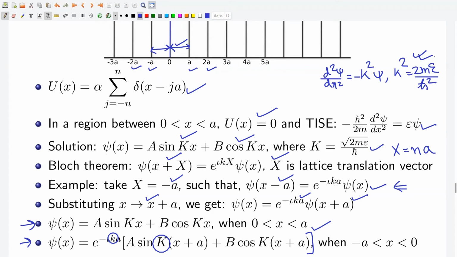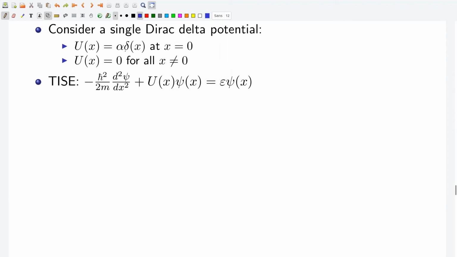We need to learn one small thing before we can answer this question. Let us consider a single Dirac delta potential given by u of x is equal to alpha times delta of x. This is a single spike at x equal to 0.